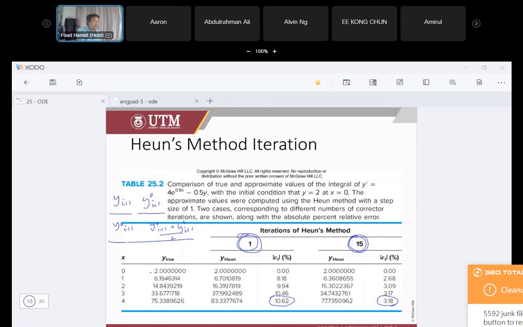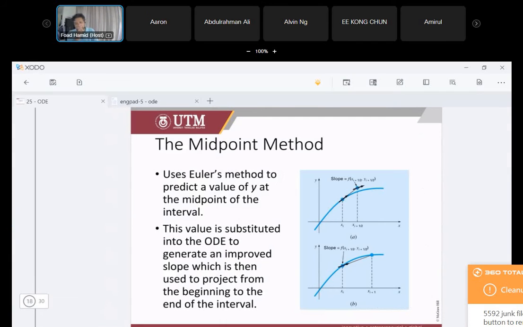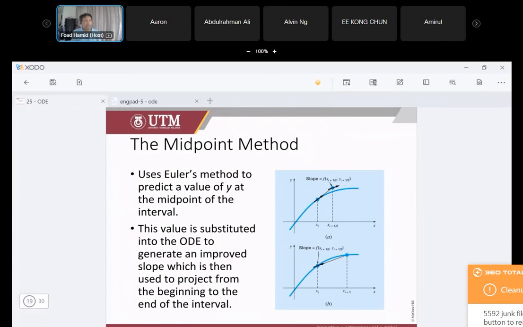And the next thing to do is what we call the midpoint method. So we have talked about Euler's method, which is just the basic approximation. And we talked about Heun's method, which is an improvement to Euler's method by improving the estimation of the slope. Okay, so the next one is the midpoint method.